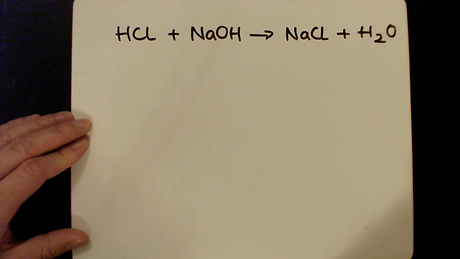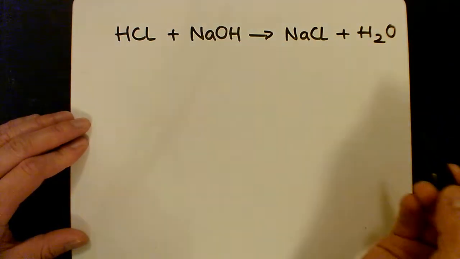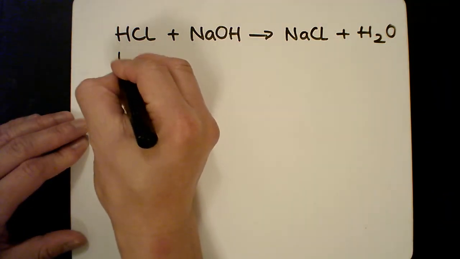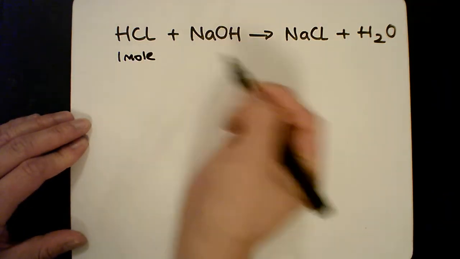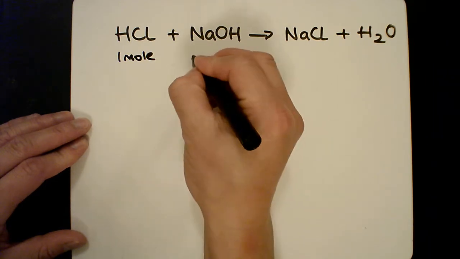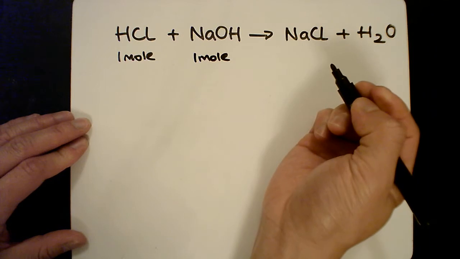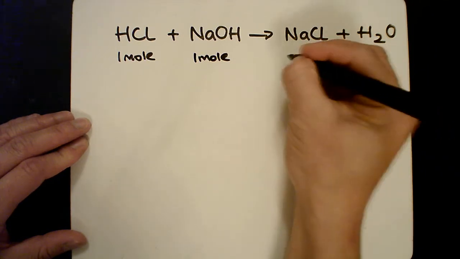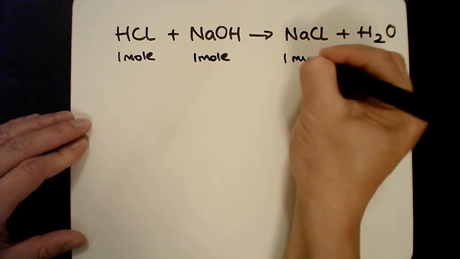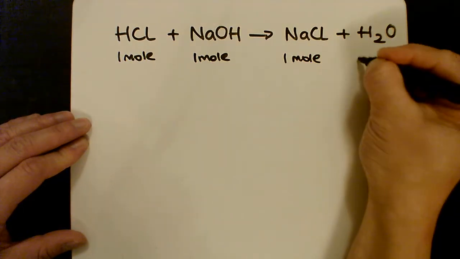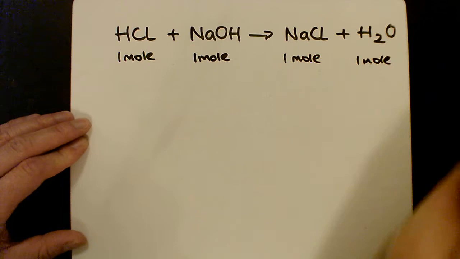Okay, so if we were to describe this reaction, we can say that 1 mole of HCl reacts with 1 mole of sodium hydroxide to give you 1 mole of sodium chloride and 1 mole of water.